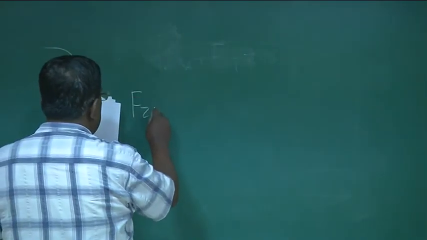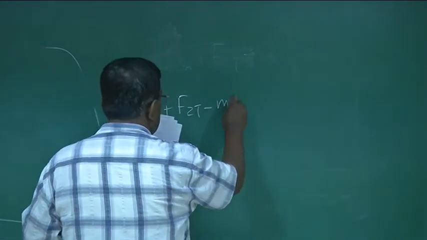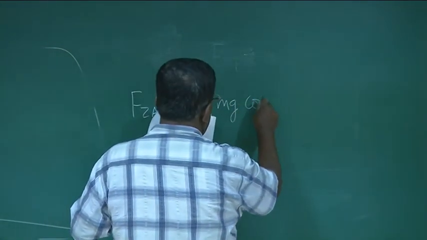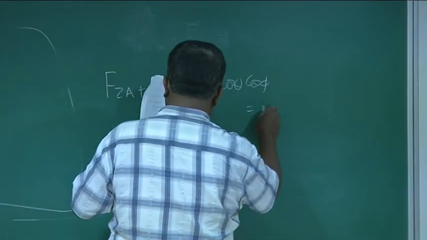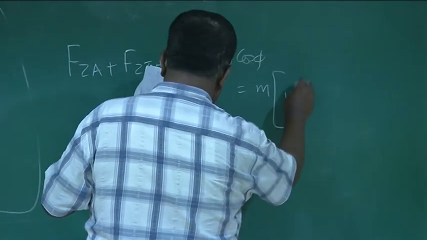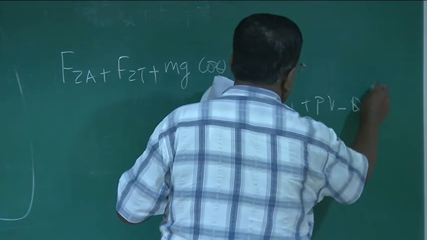Let us see the other equation, that is FZA plus FZT plus mg cos theta cos phi equal to m times W dot plus PV minus QU.